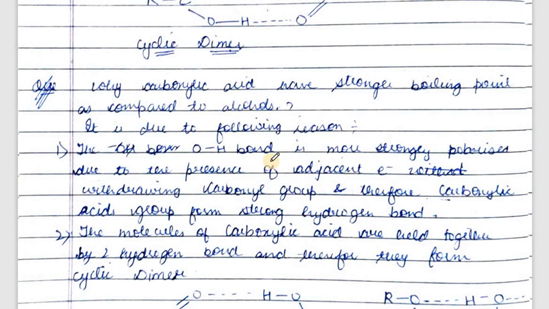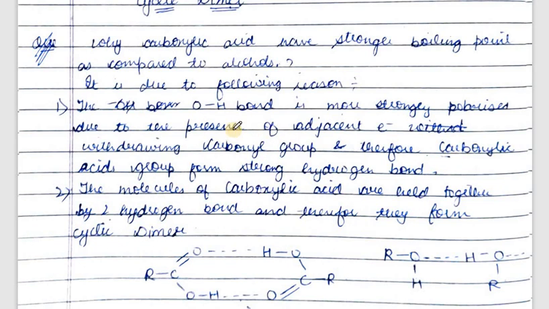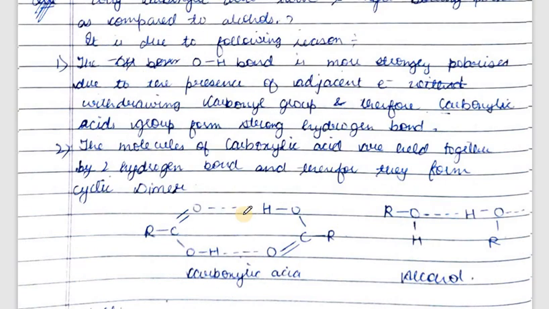It has two reasons mainly. First is the OH bond is more strongly polarized due to the presence of the adjacent electron withdrawing carbonyl group. Due to the presence of this carbonyl group, this OH group gets strongly polarized. And the second reason is molecules of carboxylic acids are held together by two hydrogen bonds.